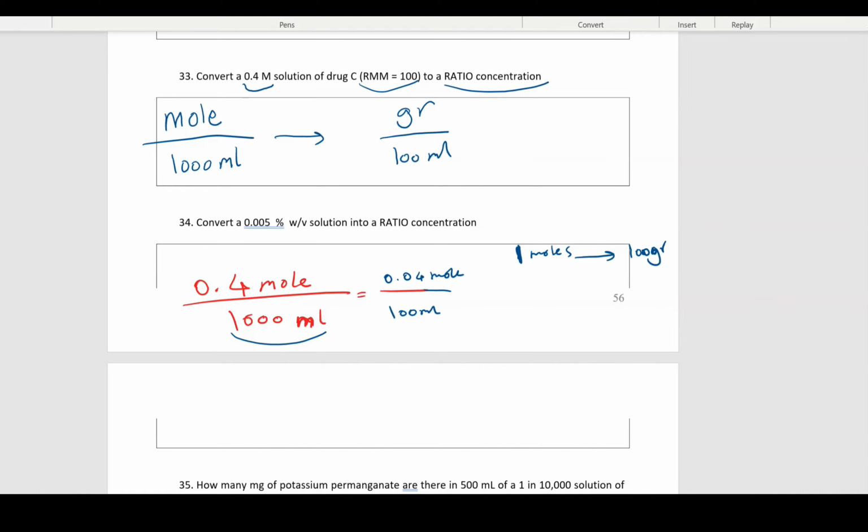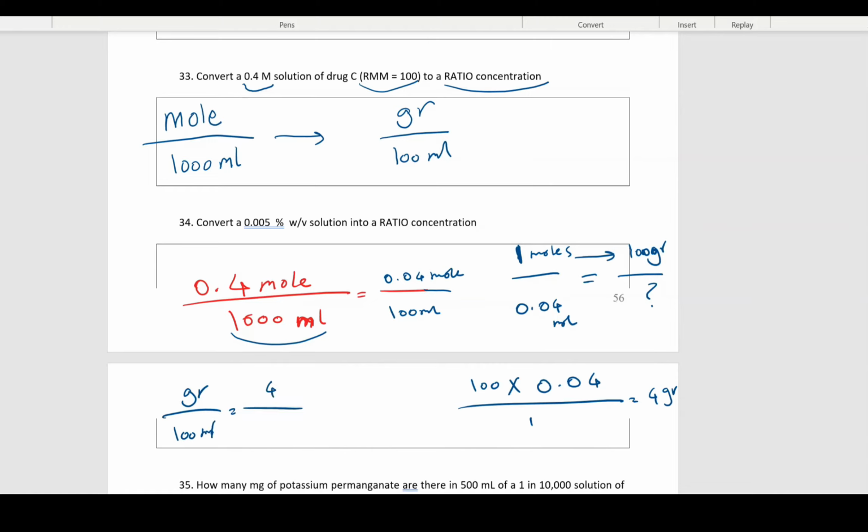So if you have 0.04 moles, how many grams would that be? So 100 times 0.04 divided by 1, that would be 4 grams. So the concentration is 4 grams in 100 mL.